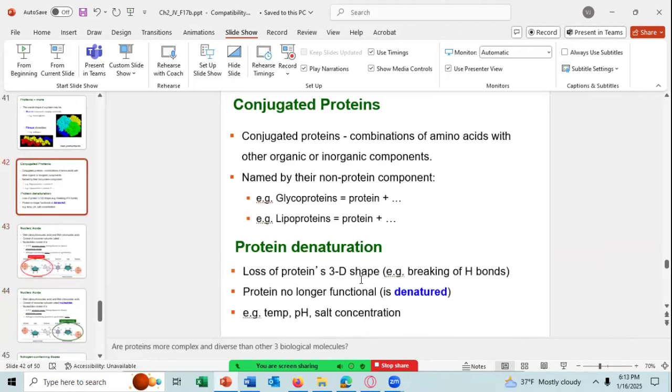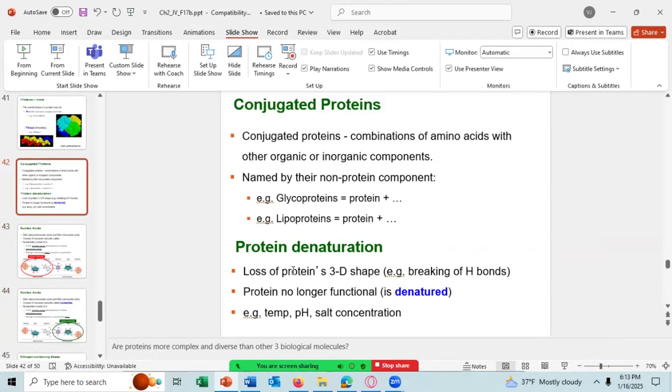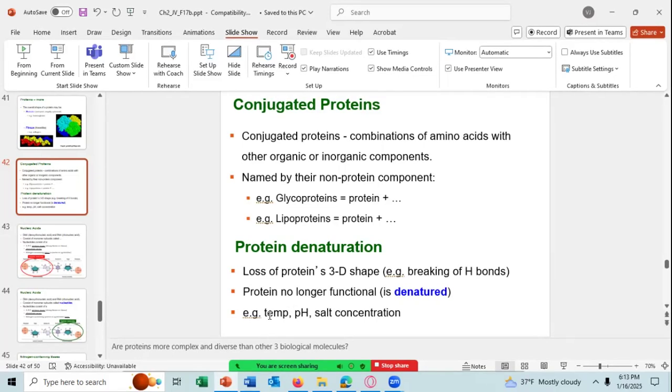All right, we'll talk a little bit more about protein denaturation, I think, in a future lesson. But for now, all you need to know is that proteins have to be in a certain environment. They have to be at the correct temperature, the correct pH, and the correct salt concentration if the protein will function at its optimal level, meaning its best rate.